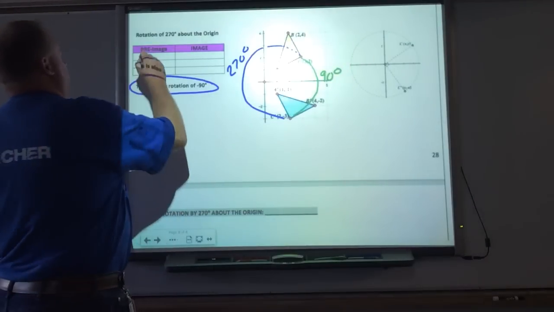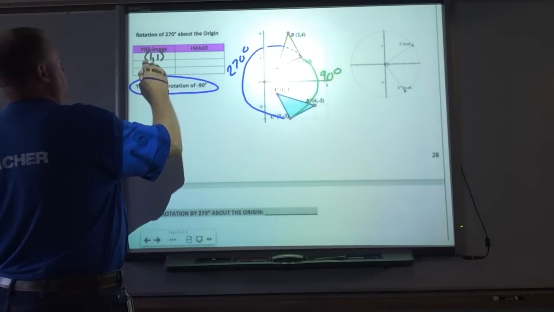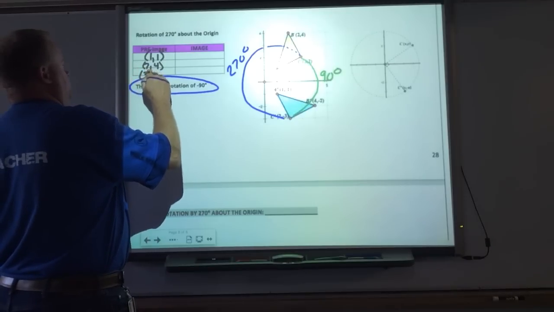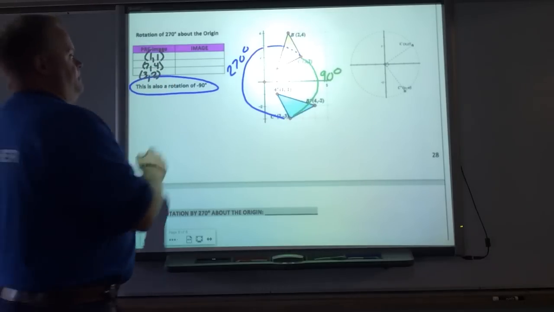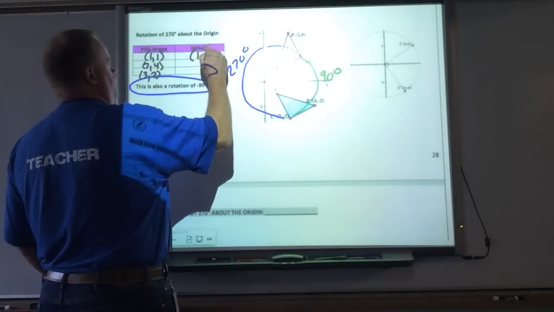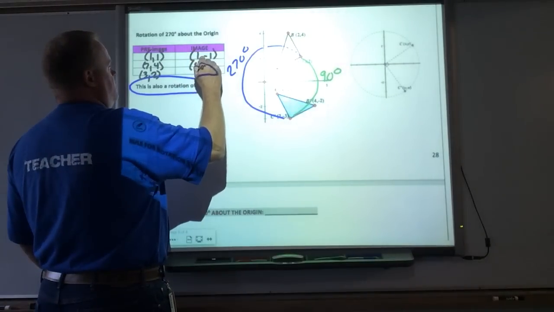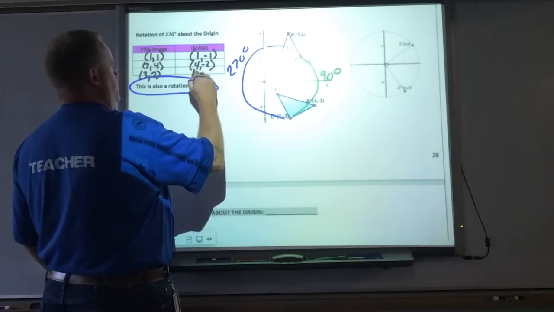A is at 1, 1. We got a thing going with our points. B, 2, 4. And C is at 3, 2. My A prime is at 1, -1 for my image. B is at 4, -2. And C is at 2, -3.